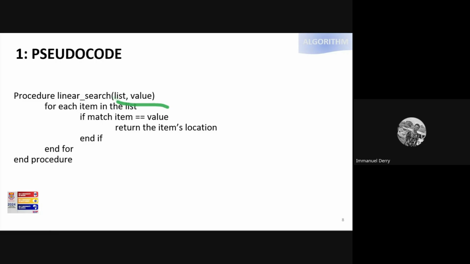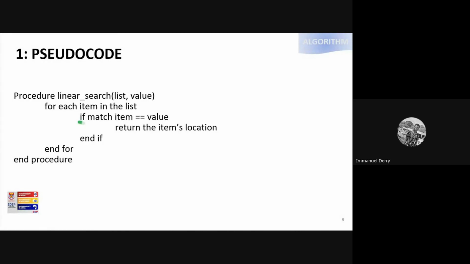So after this, we now have to look through, as Richard said, look through the list. And now we're trying to find the value that we are looking for. So this is how we look through the list. So for each item in the list, now is the time for us to compare each of the items in the list to our value that we are looking for.